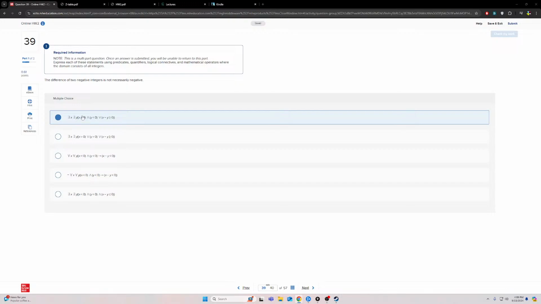For sum of x and y, there exists a negative number x and y. This can't be true. Like, these ones cannot be true. Because, well, I guess it could be. Because if these are false, then this automatically becomes true.